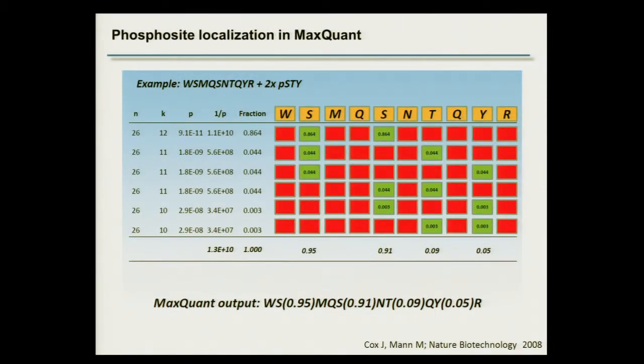So what they do is calculate scores for all of those different possibilities, then calculate a fractional score. The output that you get in the end is something like that, where after each residue you have a probability score. As you can see here, the phosphosite was localized to this serine and this serine residue. Usually, if you have a score better than 0.75 in MaxQuant, it is called localized in that software.